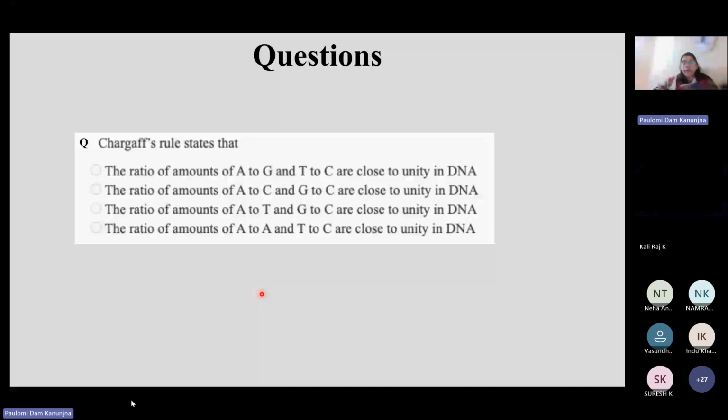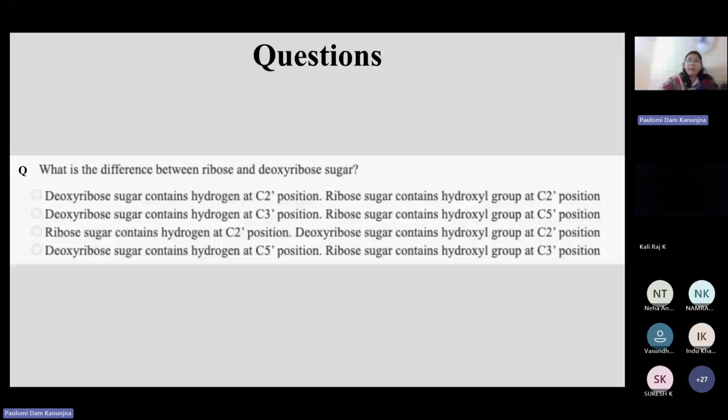Next is, what is the difference between deoxyribose and ribose sugar? This is the basic difference that makes DNA and RNA structurally different and also contributes to the stability of the biomolecule.